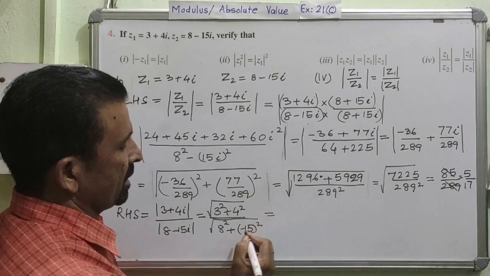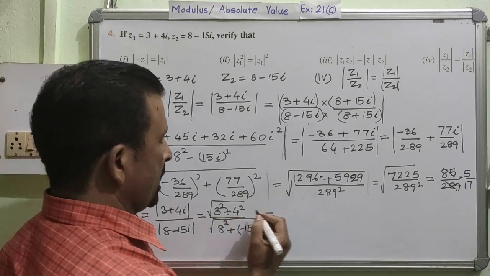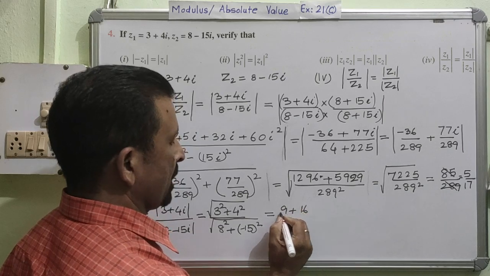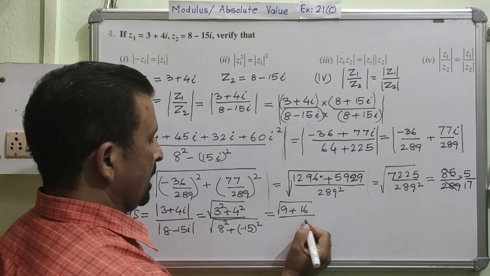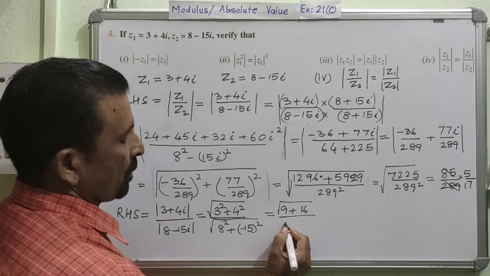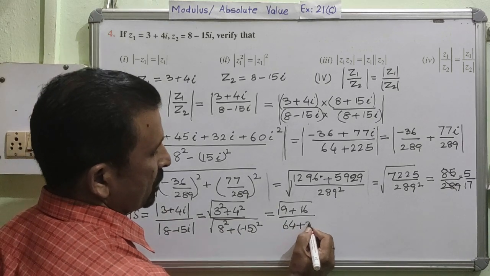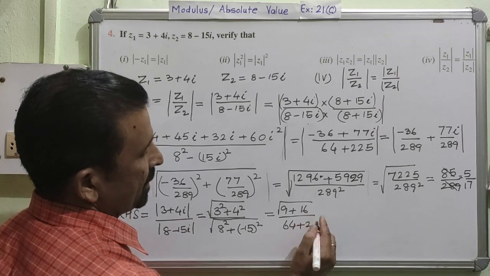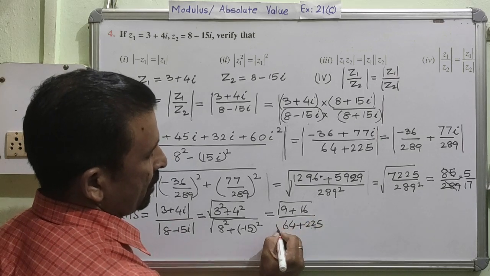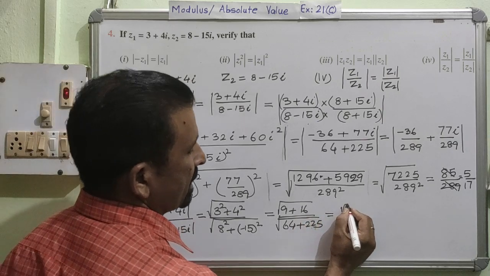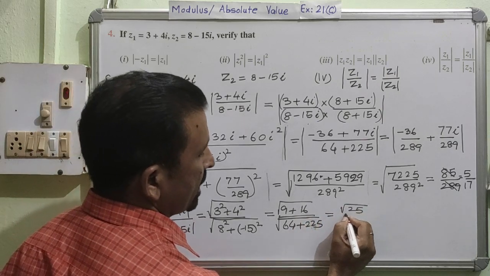This is how we are calculating the absolute value. So in the numerator 3 squared means 9, 4 squared means 16, root over, and in the denominator 8 squared is 64, and 15 squared is 225, root over this.